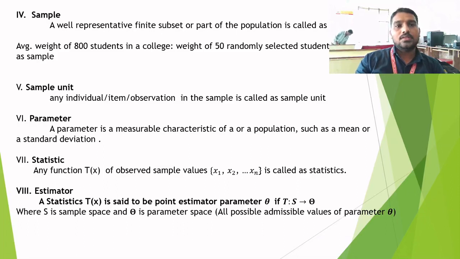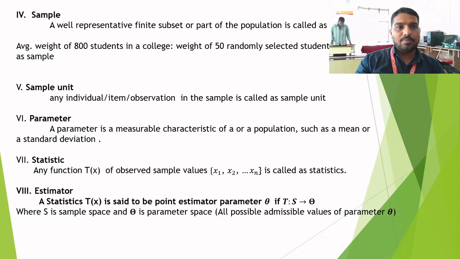Then sample unit. As we see in population unit, any individual or item or observation in the sample is called as sample unit. So sample unit is an item or individual or element in the sample.